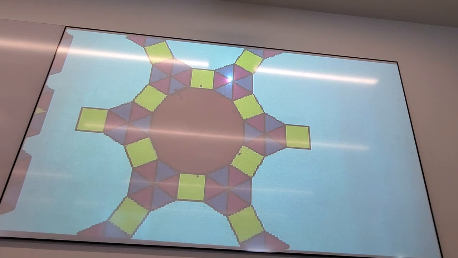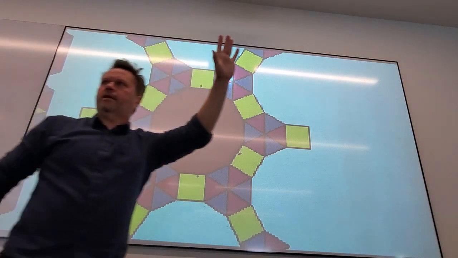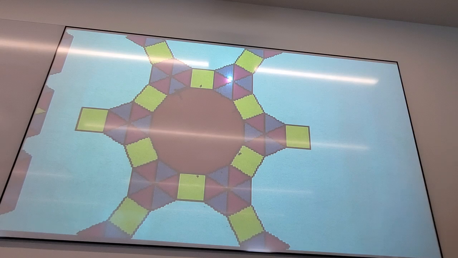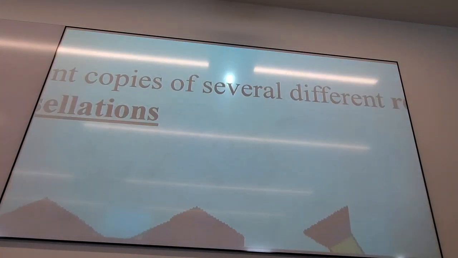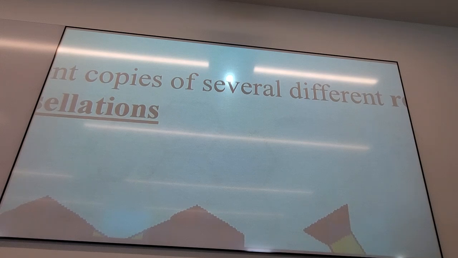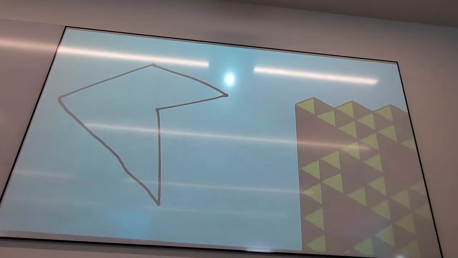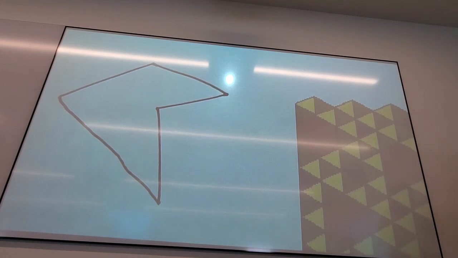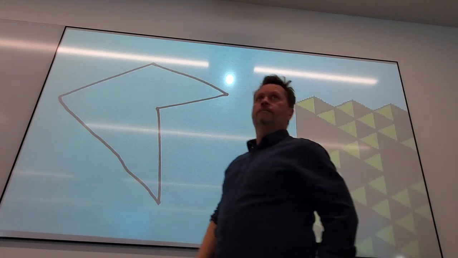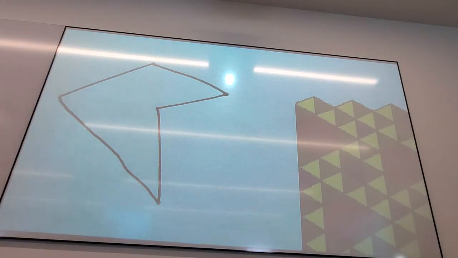Let me stop for a minute. All the tessellations so far we've seen are created by multi-sided figures. Yes? In fact, to be more specific, can anyone name that shape right there? Is it a quadrilateral?